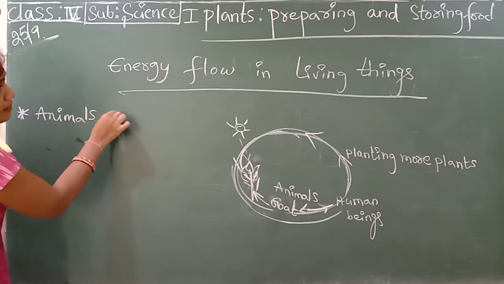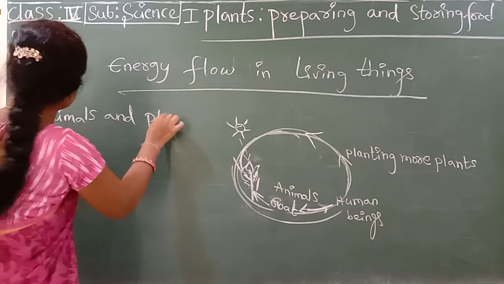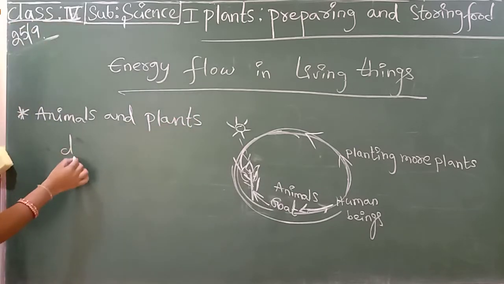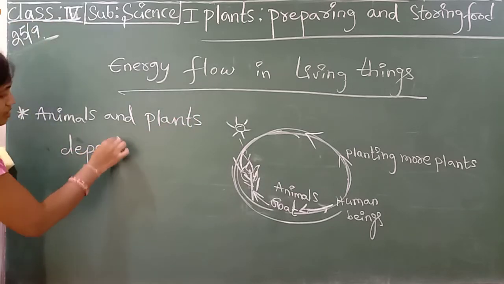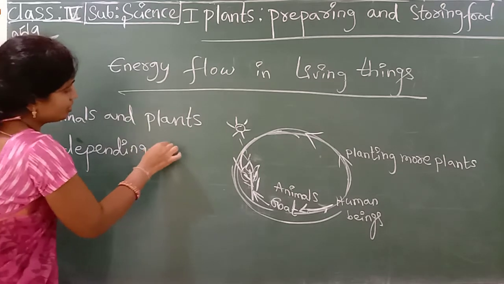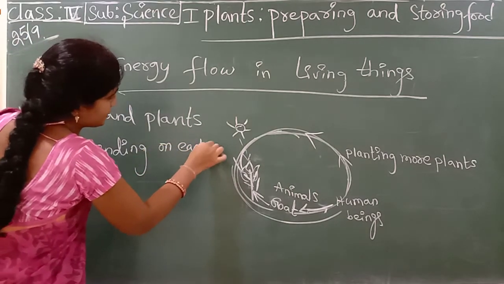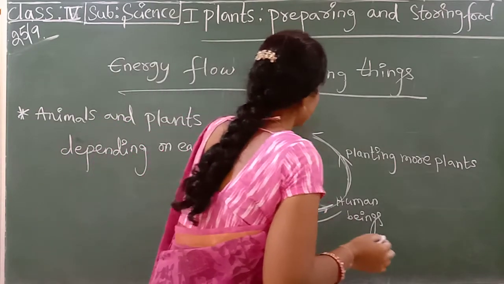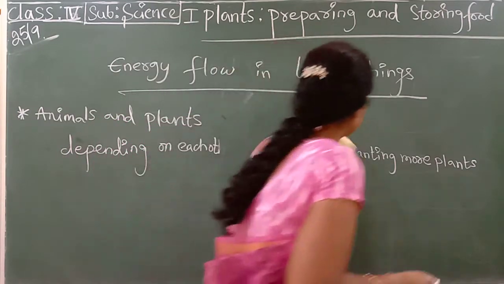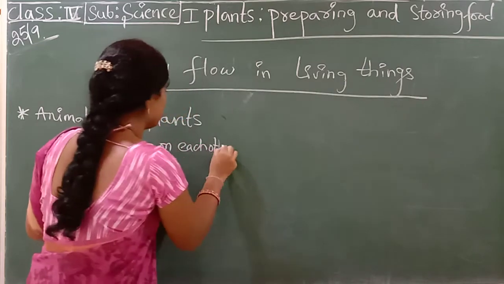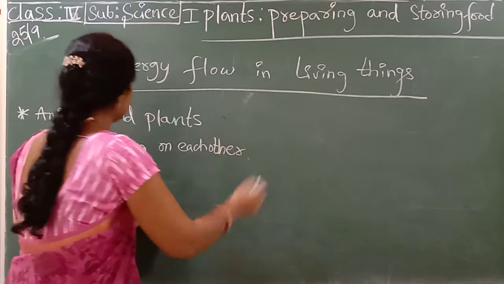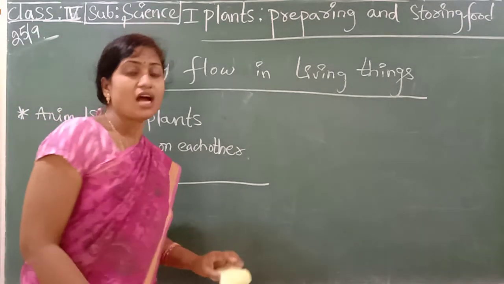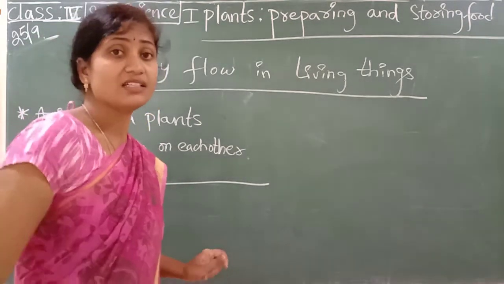Animals and plants depending on each other. Okay, children, you have to observe how animals and plants depend on each other.